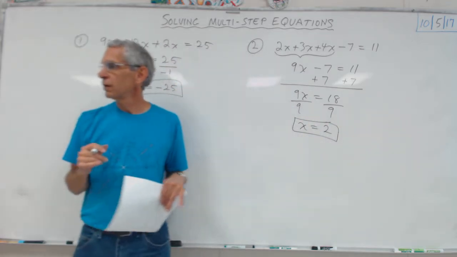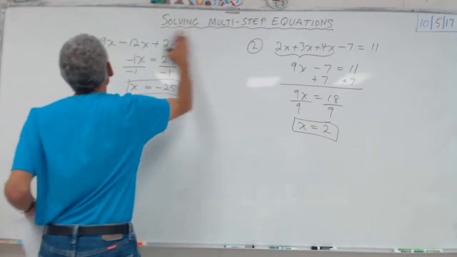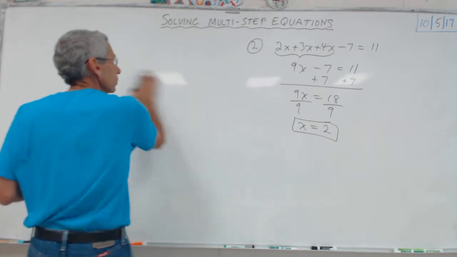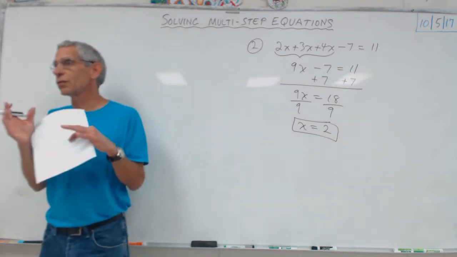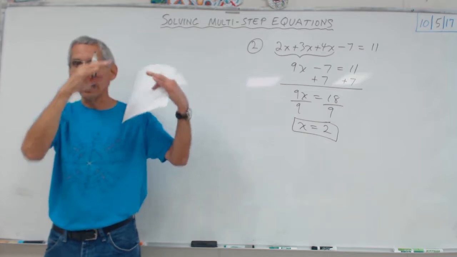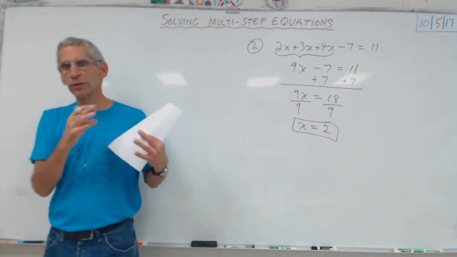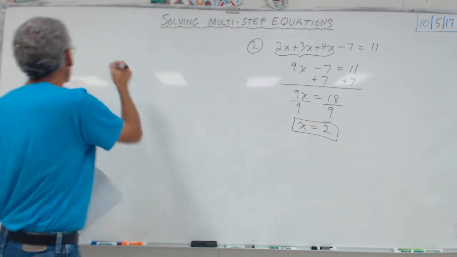Okay, so number 3. We're moving a little harder, and then eventually we're going to create a little map of what you need to do, or like a little outline of what you do first, second, third, fourth. We're going to create it together, okay? Number 3.